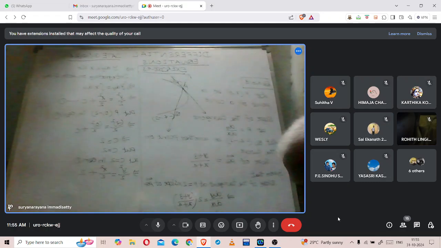It is given that it is constant. Initially its radius is 3 units, and after 3 seconds it is 6 units.